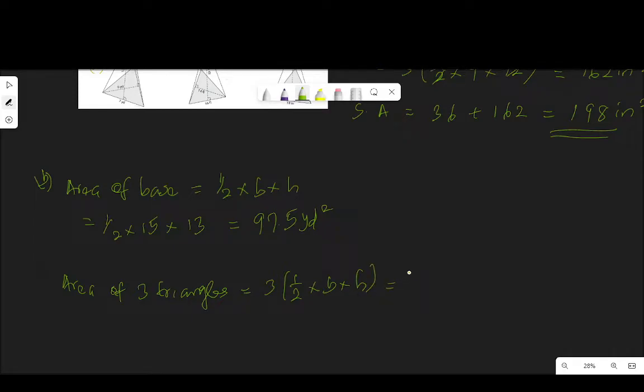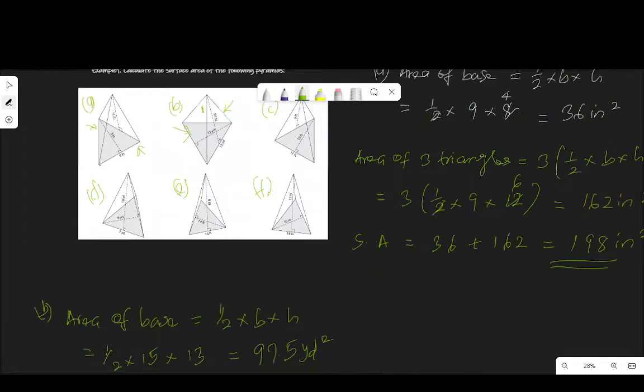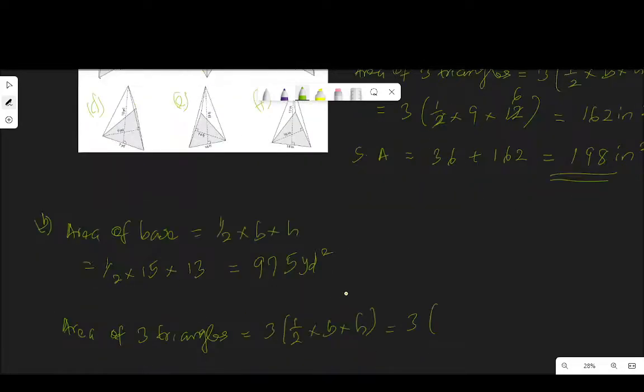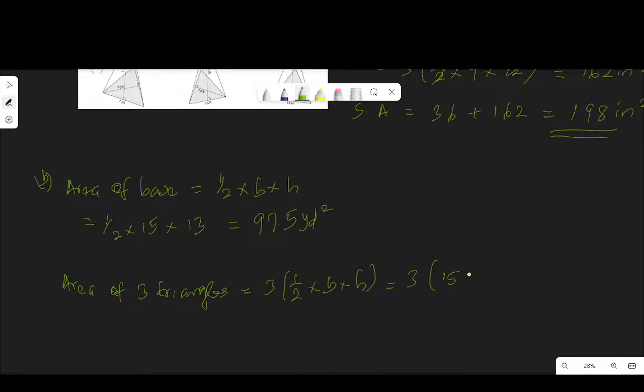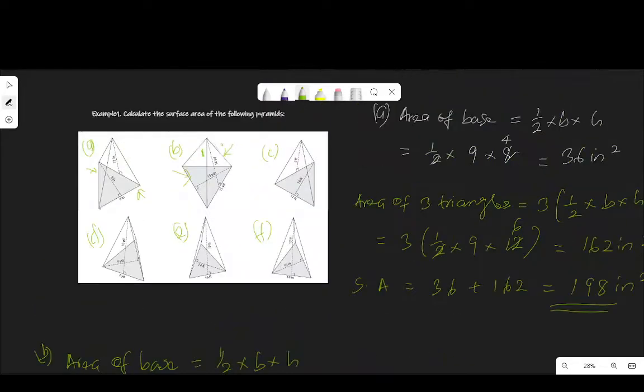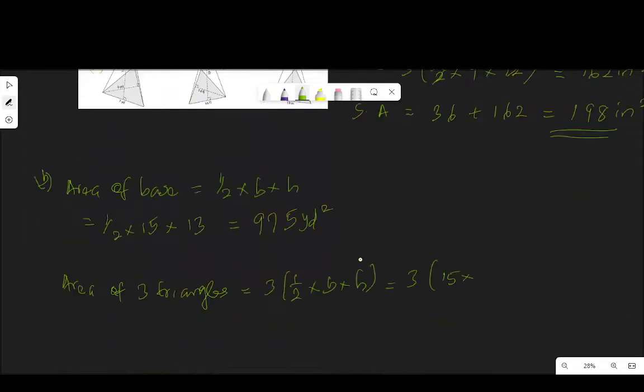So the three of them will be 3 times the base. Like I said, the triangle is equilateral, so this base here is the same base here, which is 15 yards. Multiplied by 15. Then the height of those triangles is 16 yards. It's right here, 16. Multiply by 16.